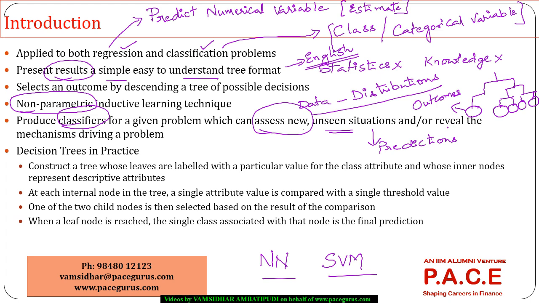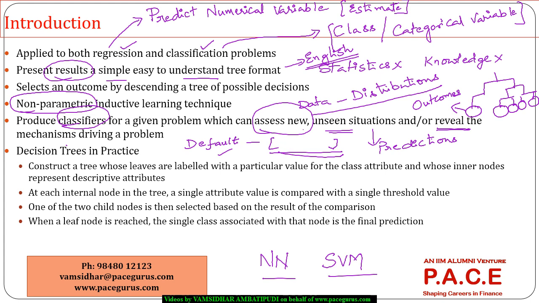Then the second thing is I could also try to identify what are the mechanisms that are driving a problem. So if I am in the process of understanding the default behavior of people on loans, I would like to see, given the characteristics of a new loan applicant, I should be able to assess whether he would be defaulting on the loan or not.